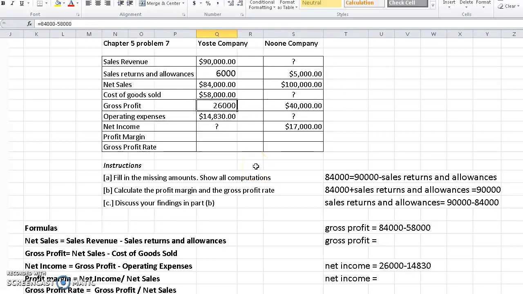Okay, the next thing we've got to find is our net income. Now, net income, looking at our formulas again, equals gross profit minus operating expenses. Now, our gross profit we just figured out is $26,000, and operating expenses is $14,830. So again, let's plug that number in right here.